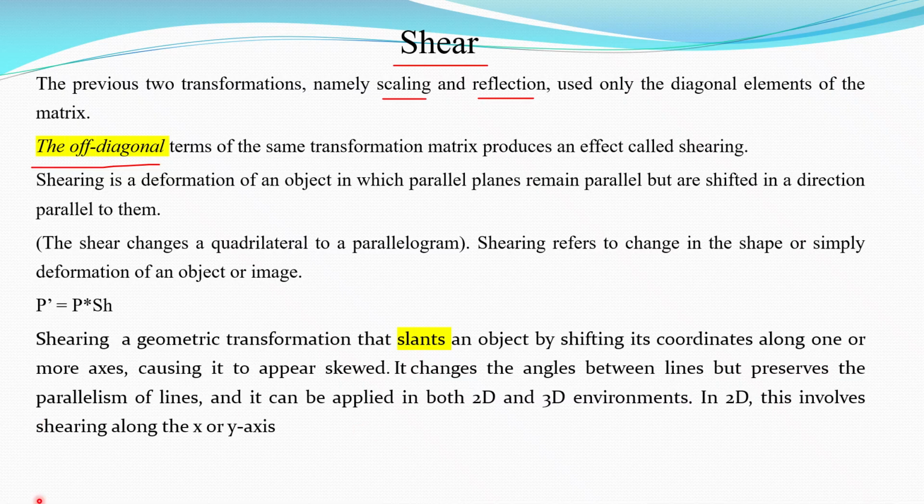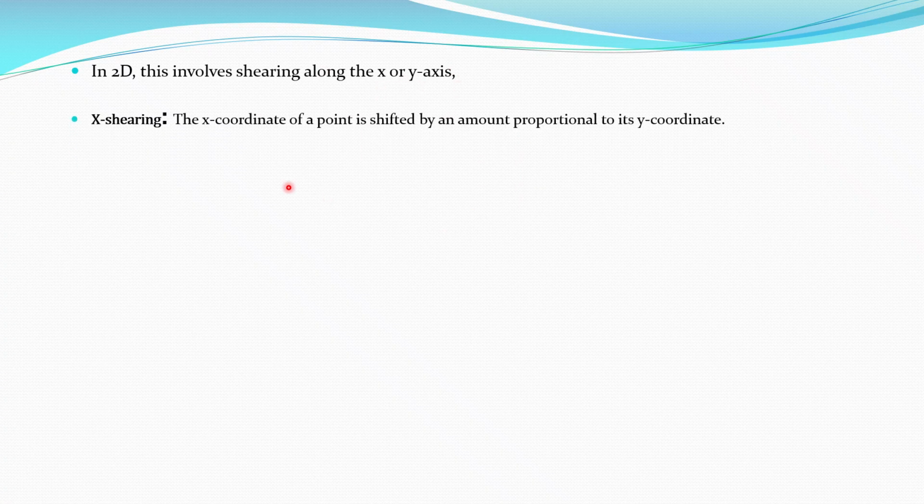In 2D, this involves shearing along the x or y axis or the xy axis. First we have to make a matrix, so let's see how to represent shearing in a matrix. In x shearing, the x coordinate of the point is shifted by an amount proportional to its y coordinate.